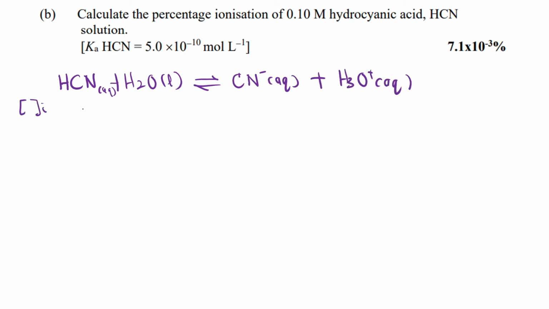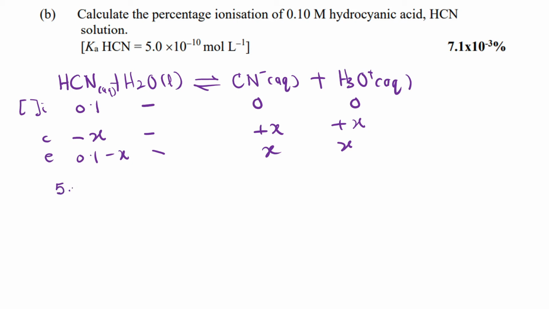Initial concentration adalah 0.1, dash, 0, 0. So the change is minus x, dash, plus x, plus x. So concentration at equilibrium 0.1 minus x, dash, x, x. Jadi dibagi nilai Ka sama dengan 5 eksponen negatif 10.